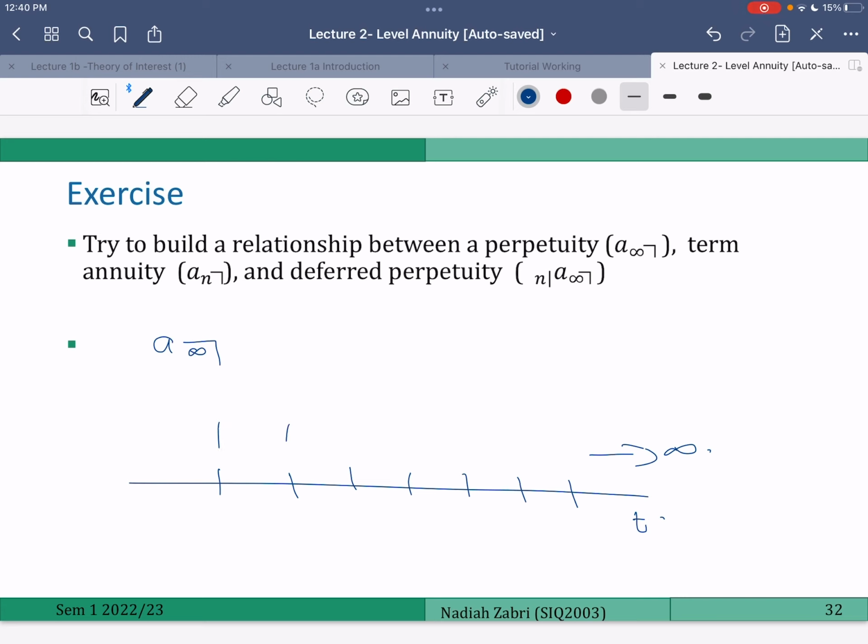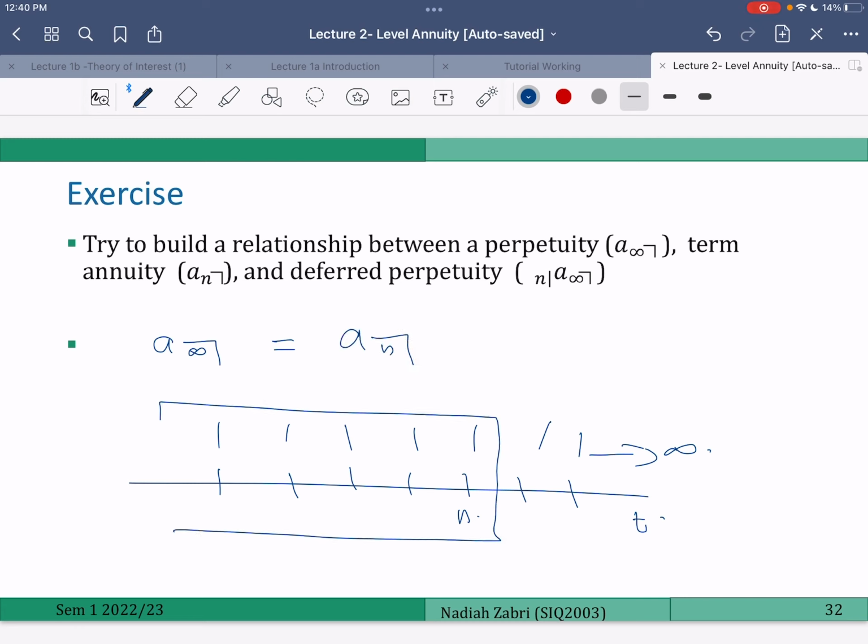So the payment is 1, 1, 1, 1, 1 until infinity. So let's say we have an n here. If the perpetuity is equal to term annuity, A angle n, we will cover until this payment, and then we have this part.